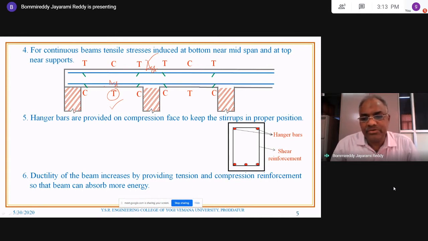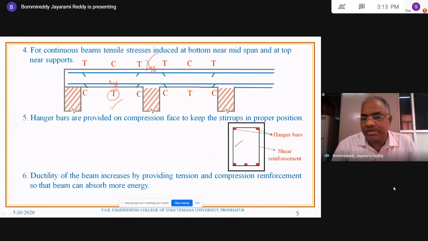And sometimes the structure is not only subjected to bending moment, it is also subjected to shear force. We have to design the beam for shear, so that the beam can resist all the shear stresses induced in the structure. In such a case, how do we provide the shear reinforcement? It is to be provided in the form of links, or otherwise stirrups, rectangular stirrups.